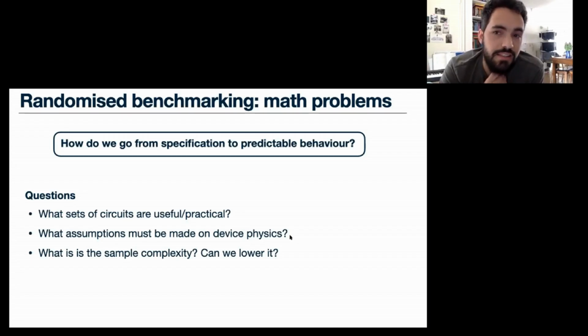In that case, this experiment is going to work really well on all days except for Tuesday, but it's not going to give you a good characterization of the behavior of the device overall, because it fails on Tuesdays. So you need to make certain types of mathematical assumptions on the underlying physics.